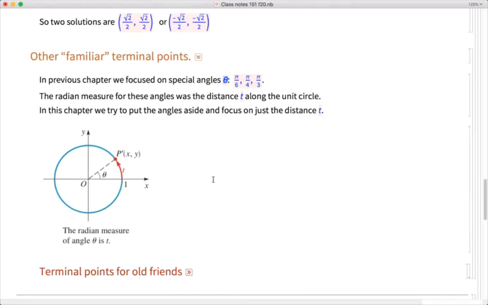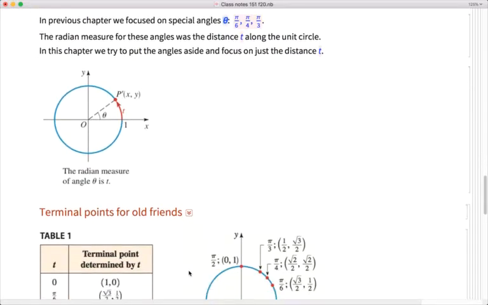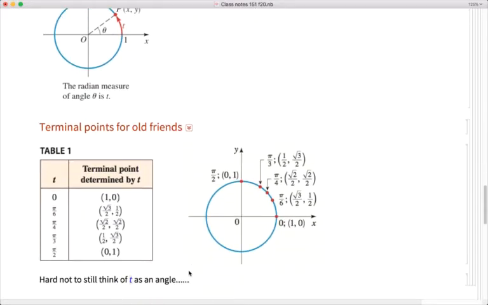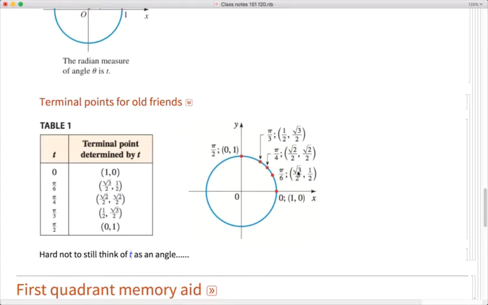So there's a connection here. If the circle we're working on is a unit circle, that is a radius 1 circle, the radian measure for this angle theta is exactly equal to this distance t that you travel along the circumference of the circle. And it's for that reason we have these old friends showing up: root 3 over 2 and 1/2 and root 2 over 2.